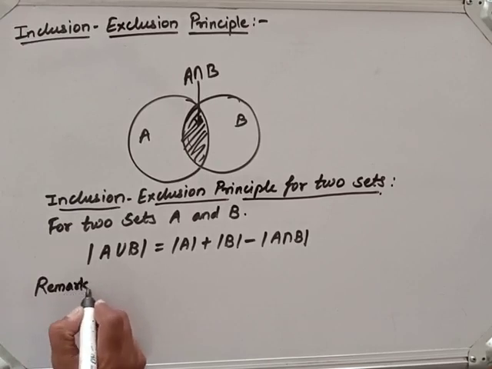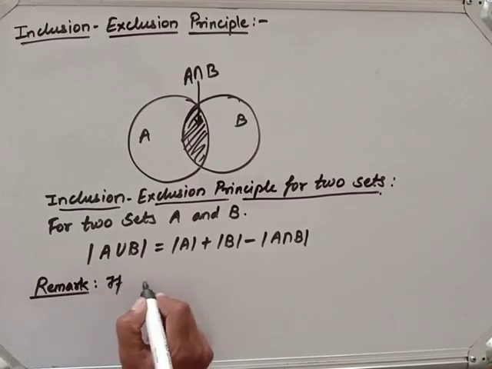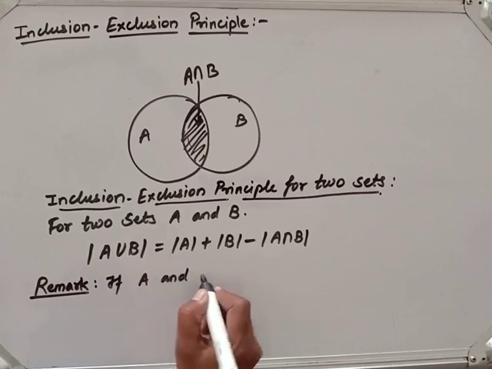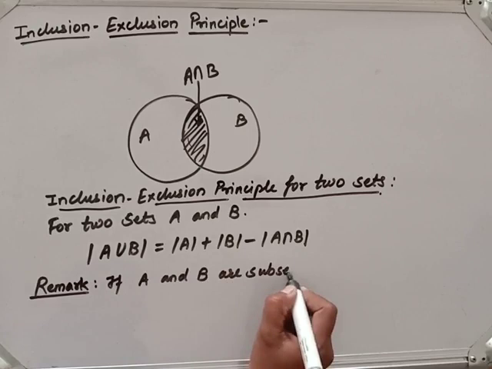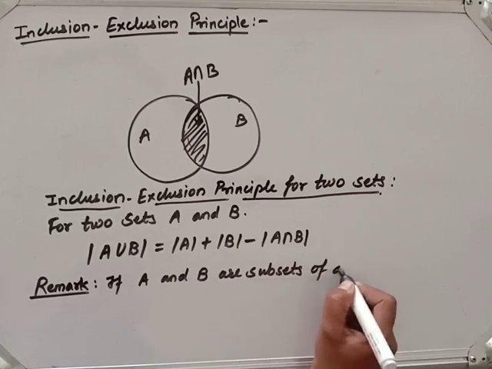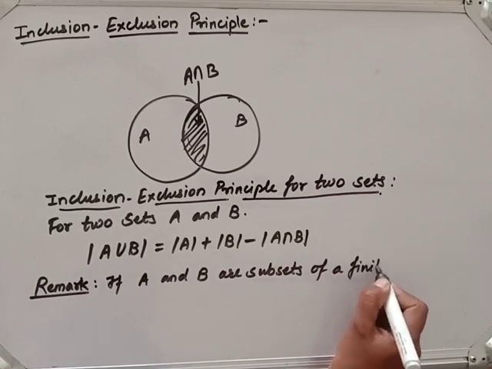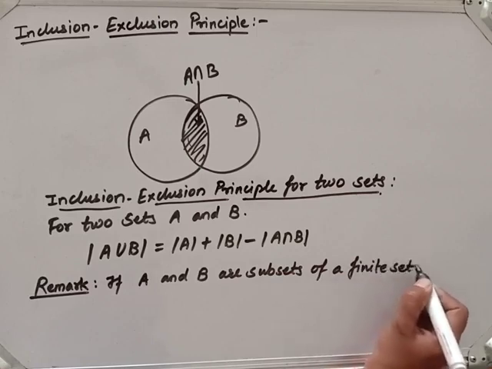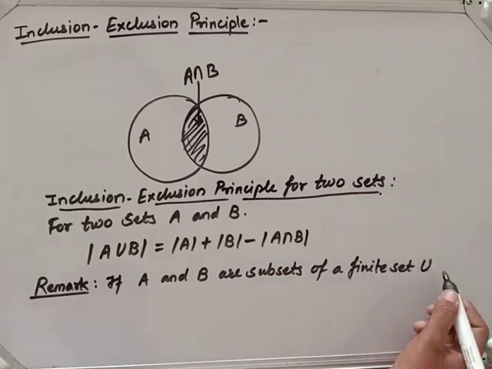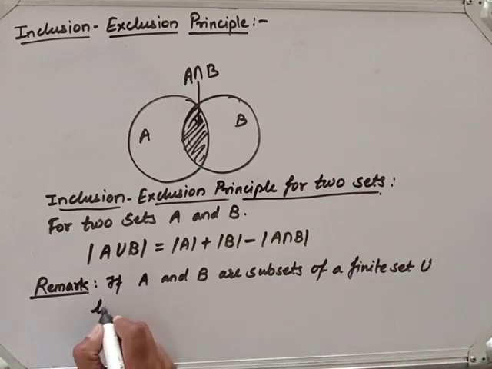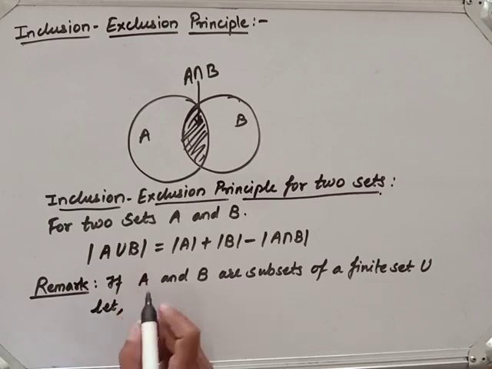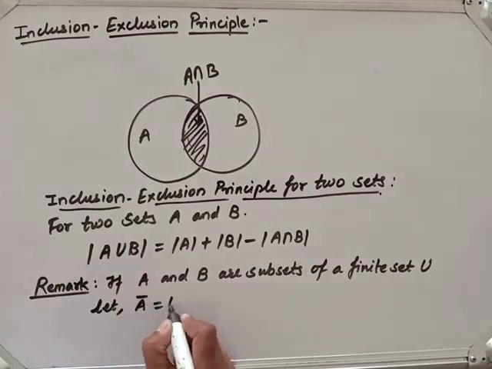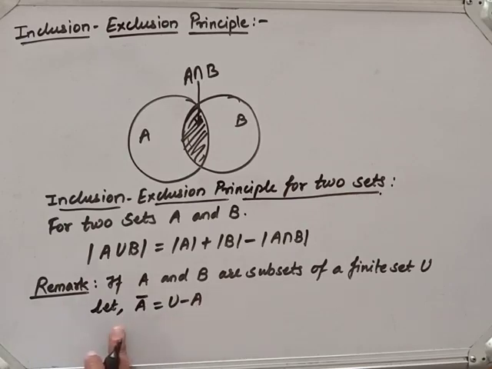The remark says: if A and B are subsets of a finite set U, where U is the universal set, let A bar, the A complement, be U minus A. That is the A complement.